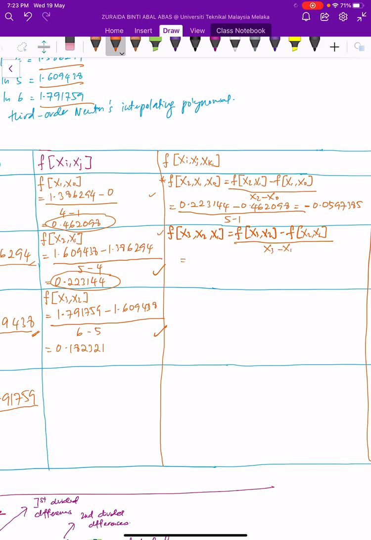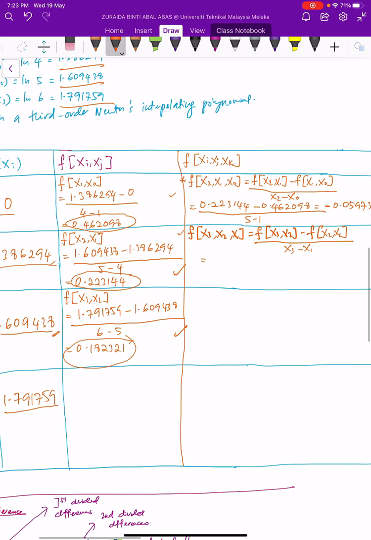So f[x3, x2] is 0.182321 minus f[x2, x1], which is 0.223144, divided by x3 minus x1.